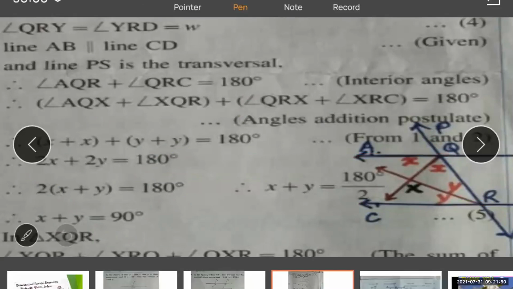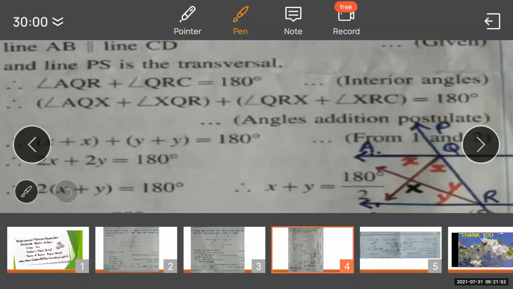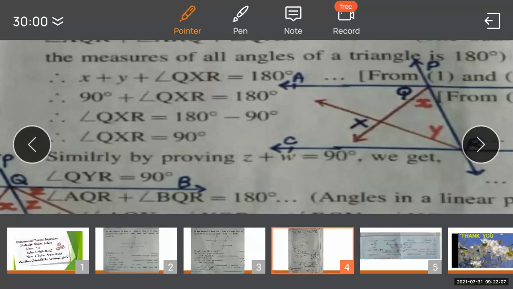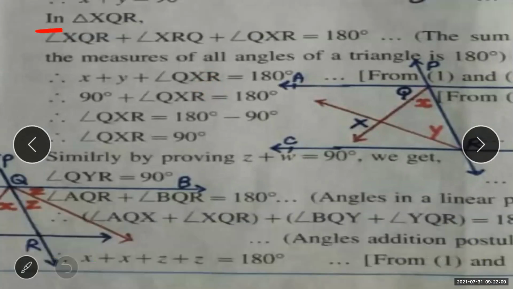Now the second case. See, till here we have come to x plus y equal to 90. That is over here. Now in the next case, what is in the next case? In triangle XQR, R is here. This is the triangle.